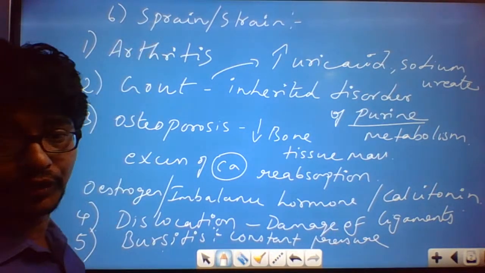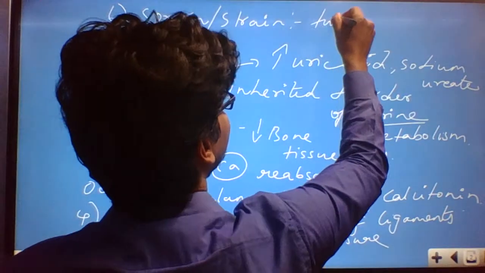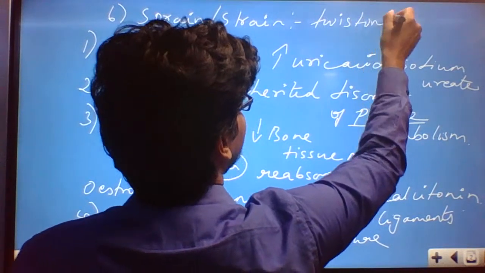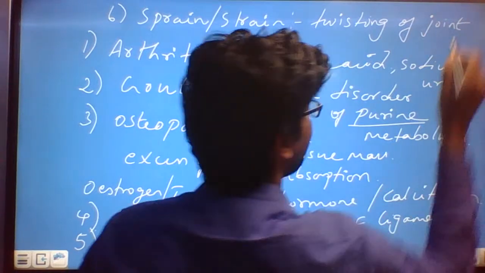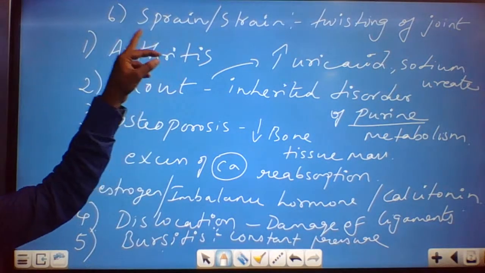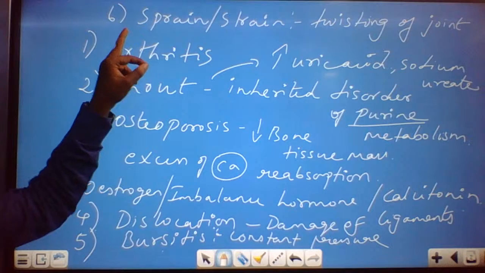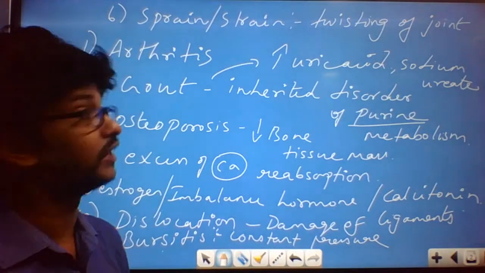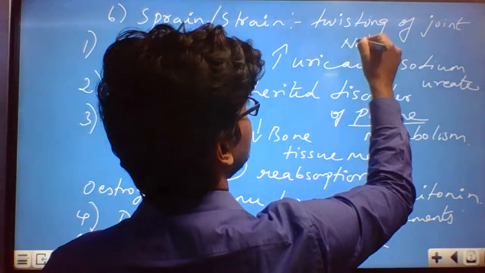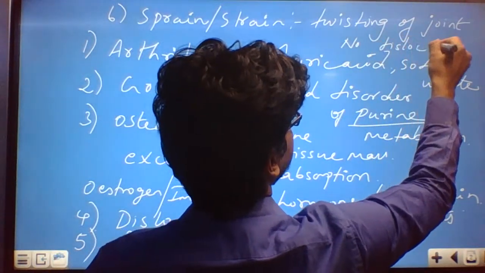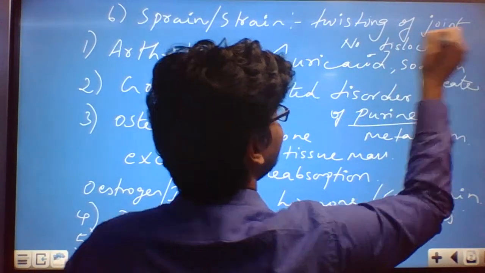It is actually twisting of a joint. The twisting of a joint occurs in case of sprain and strain, but there is no dislocation. Twisting is there, but dislocation is not there. So there is twisting of the joints, but no dislocation of the bone.